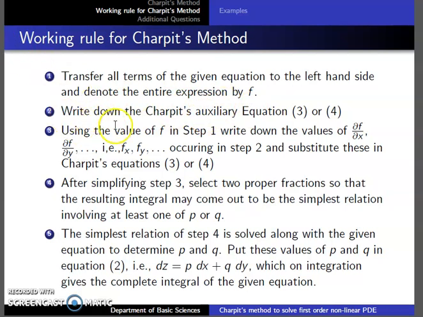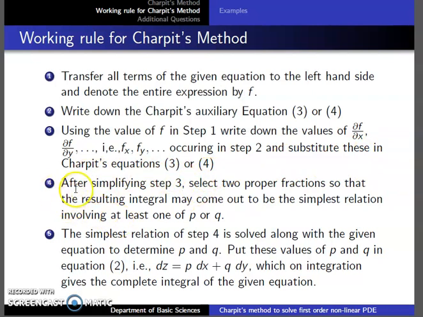The second step is to write down Charpit's auxiliary equation 3 or 4. The third step is, using the value of f in step 1, write down the values of ∂f/∂x, ∂f/∂y, etc. occurring in step 2 and substitute these in Charpit's equations 3 or 4.